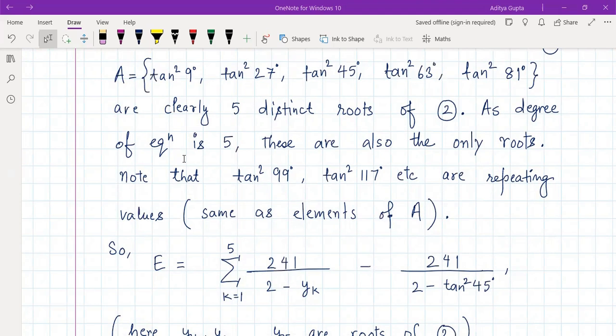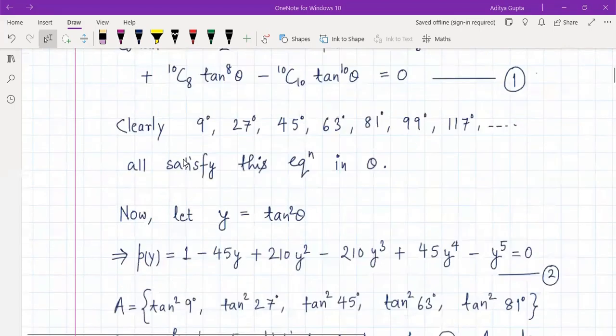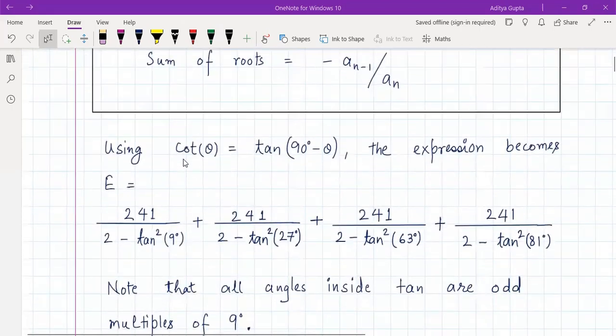The reason is, in this summation, when you put k equal to 3, we will also get 241 upon 2 minus y3. And what is y3 from the set A? It is clearly tan square 45 degree. But in the original expression E, there is no tan square 45 term. That is missing.